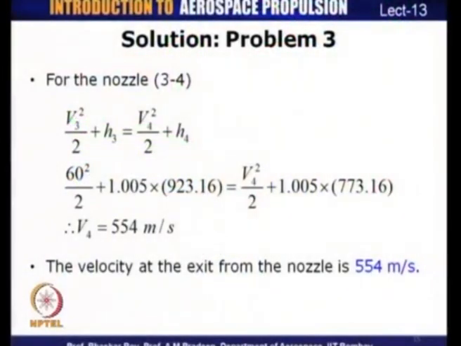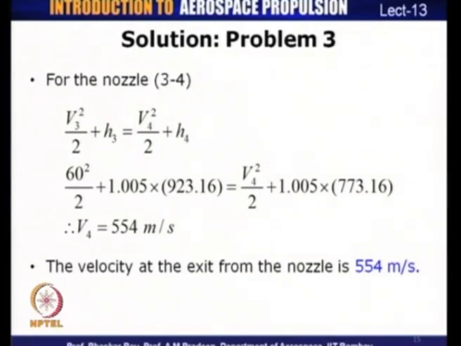And so, we have already been given V3, which is the turbine exit velocity, that is 60 meters per second, and H3 is Cp times T, that is 1.005 into 923.16 Kelvin, plus V4 square by 2 plus the enthalpy at state 4, that is 1.005 times its temperature, which was 500 degrees Celsius, 500 plus 273.16, that is 773.16.